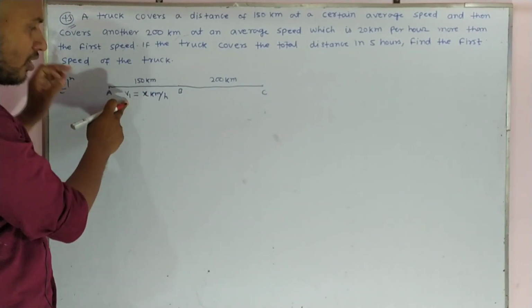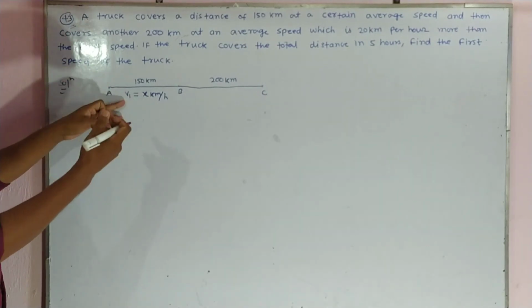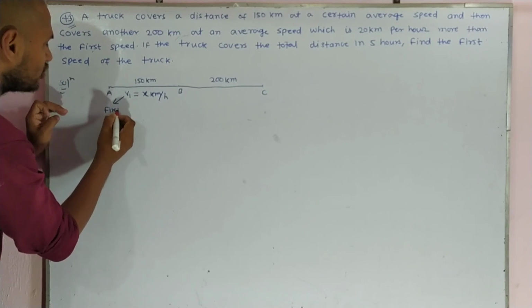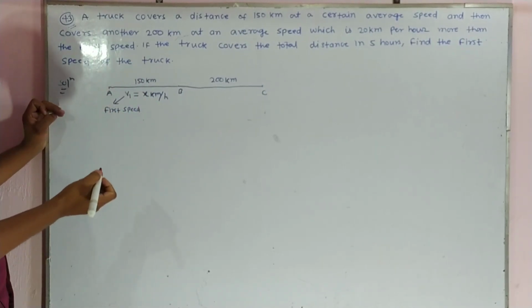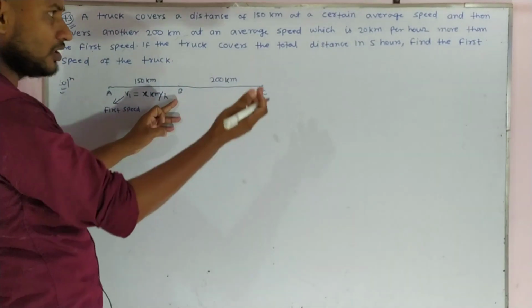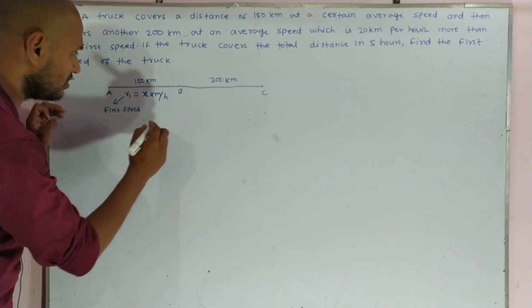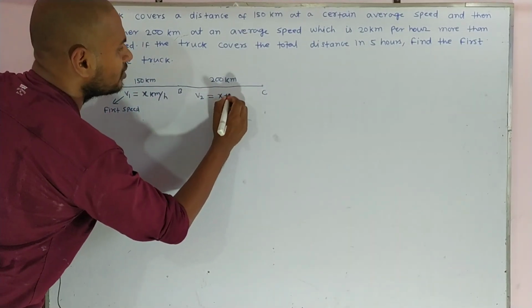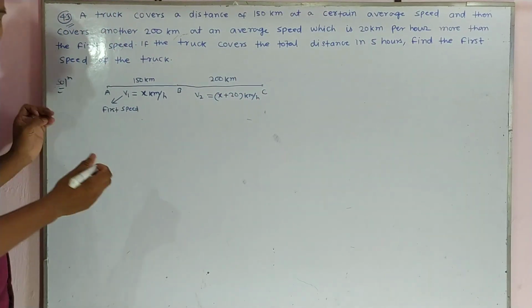We assume that V1 is the first speed, which is equal to X km per hour. From B to C, 20 km per hour more than the first speed means V2 becomes X plus 20 km per hour. I hope you are able to follow me.